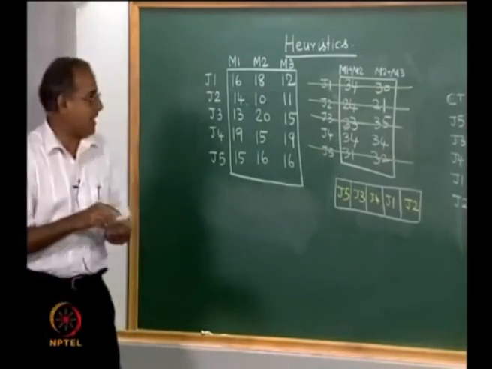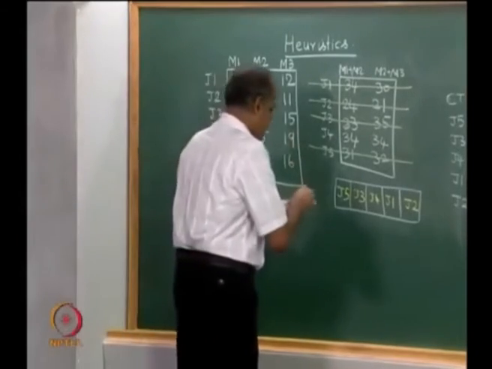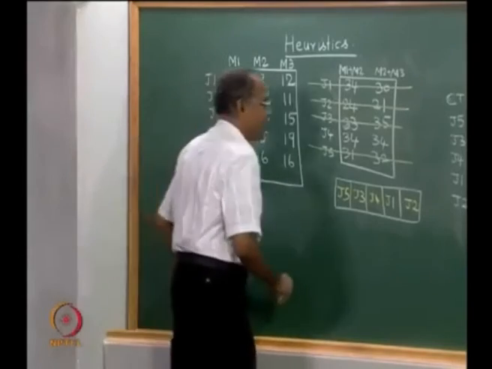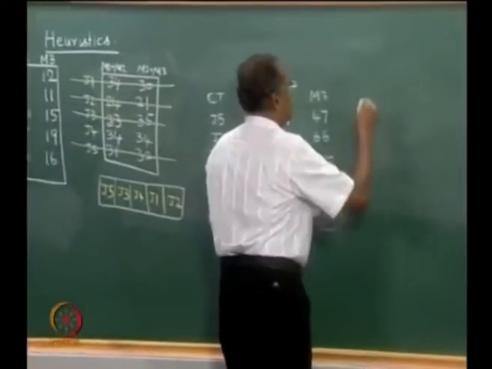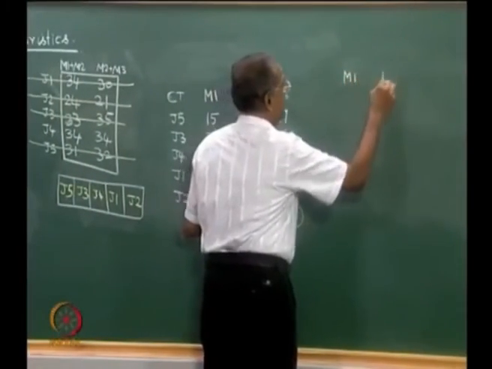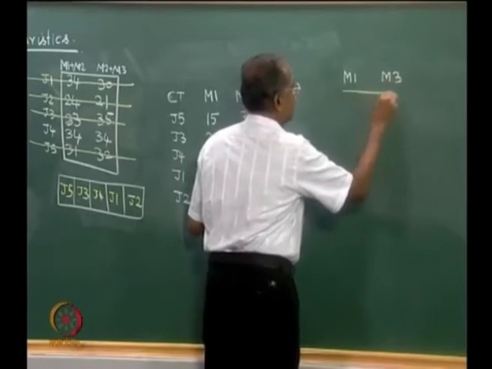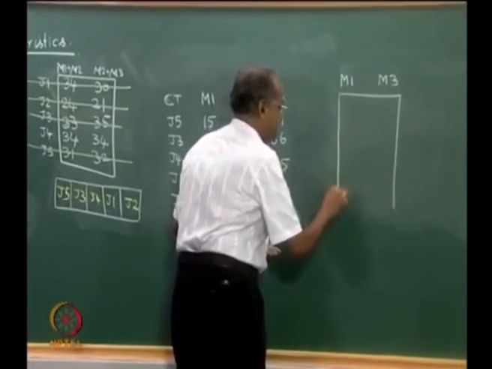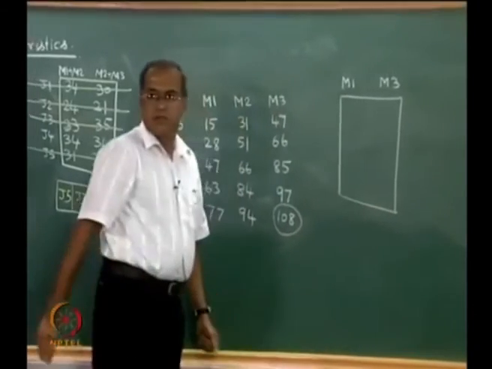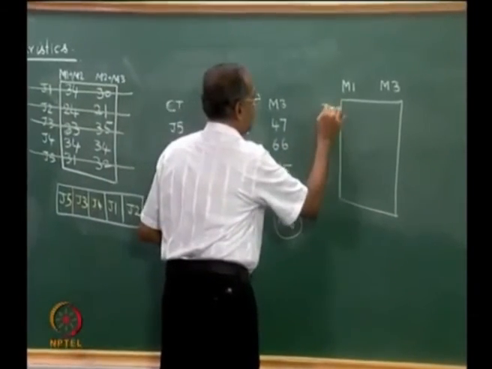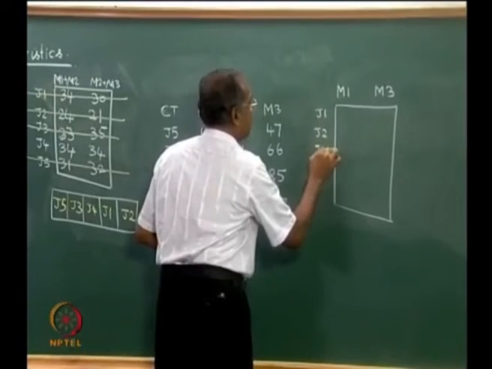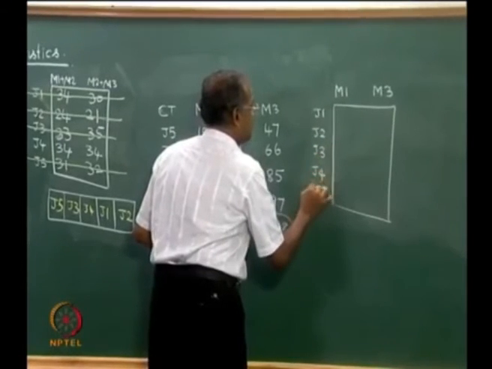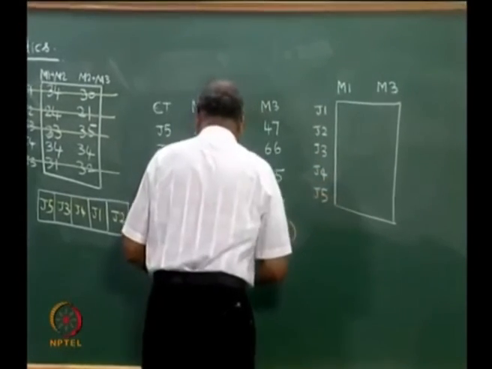So, right now we will look at only M1 and M3, let us formulate another 2 machine problem with this. So, once again J1, J2, J3, J4 and J5.